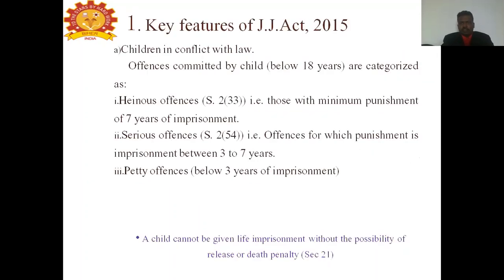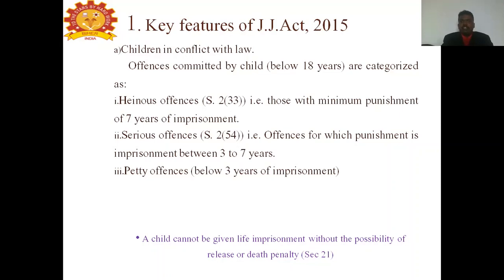So, key features of the JJ Act 2015: children in conflict with law. In this Juvenile Justice Act, two kinds of methods are followed. One is child in need of care and protection, and another one is child in conflict with law. So, what is conflict with law?